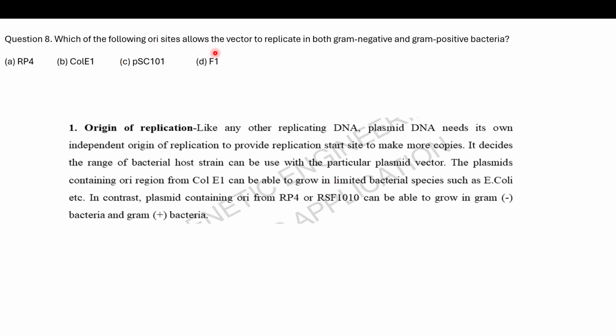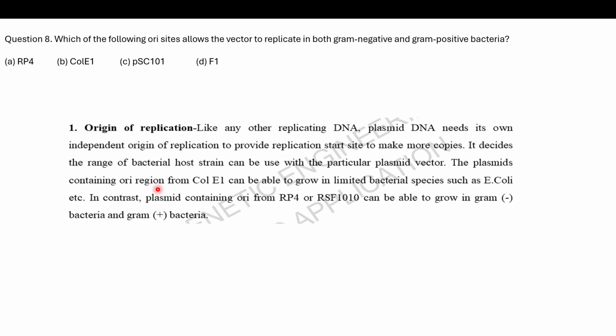Now, which of the following ORI sites, or origin of replication sites, allows the vector to replicate in both gram-negative and gram-positive bacteria? Now, we talked about origin of replication. Plasmid DNA needs its own independent origin of replication to provide a replication start site to make more copies.